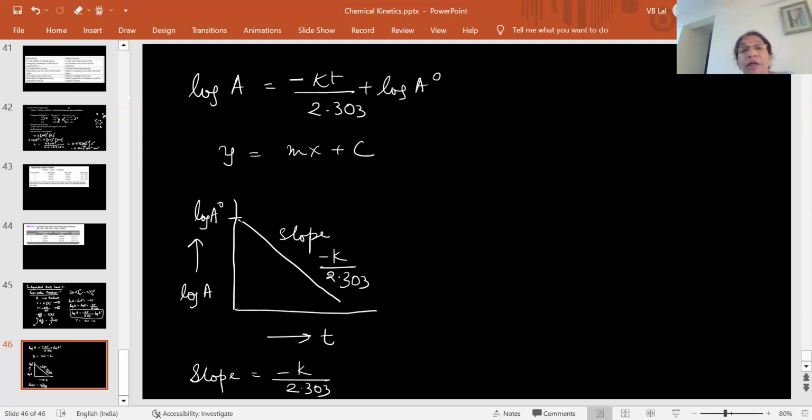Now this equation, I can simplify it further. In order to simplify this, I can multiply the whole equation by 2.303.